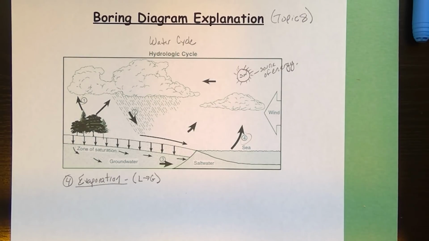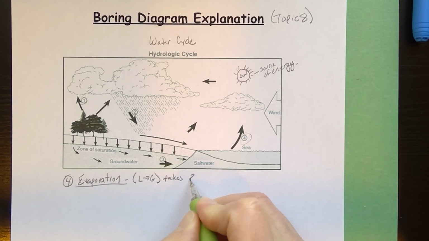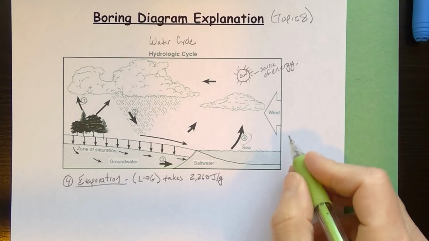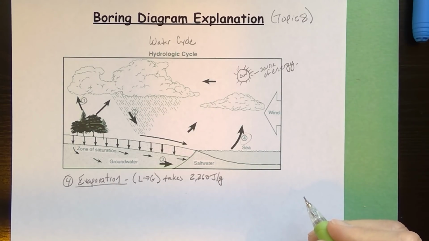When evaporation occurs, this is where you need energy, so it takes 2,260 joules per gram for moisture to evaporate. Now, this adds most of the water into our atmosphere.